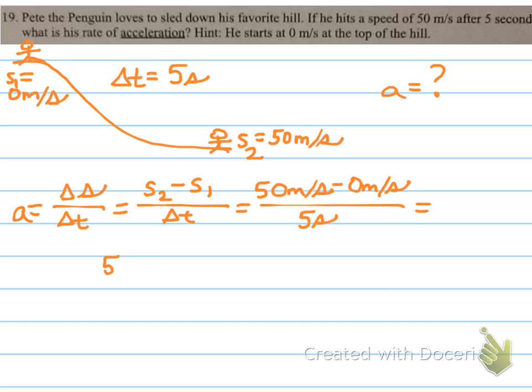So I have 50 meters per second divided by 5 seconds. 50 divided by 5 is 10, so we have 10 meters per second squared. So his acceleration is 10 meters per second squared.